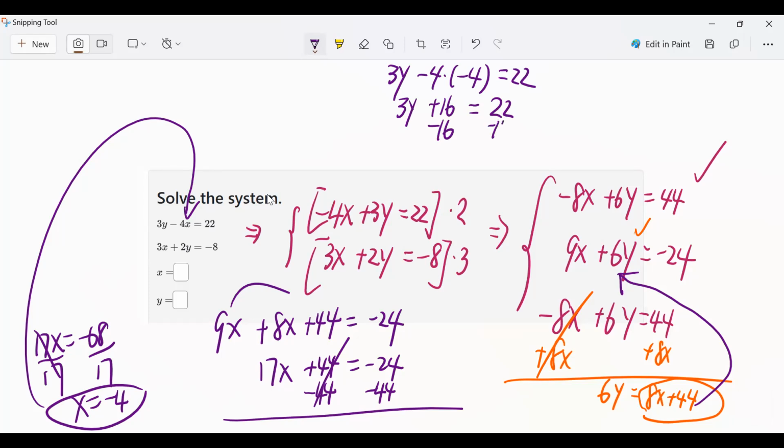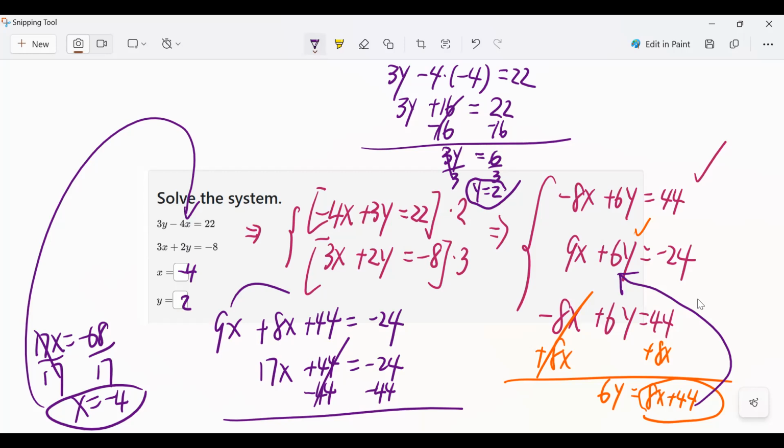Subtract 16 from both sides of the equation. 3y equals 6. Divide both sides by 3, y equal to 2. So x equal to negative 4, y equal to 2. So that's how we solve it. Any question about this?